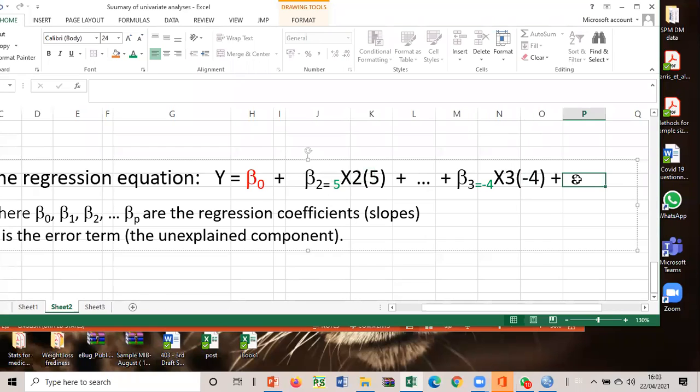The final model may come out like this. How to interpret this? Y only depends on x2 and x3. For every unit increase in x2, y is expected to increase by 5 units, and for every unit increase in x3, y is expected to decrease by 4 units. One's positive, one's negative.